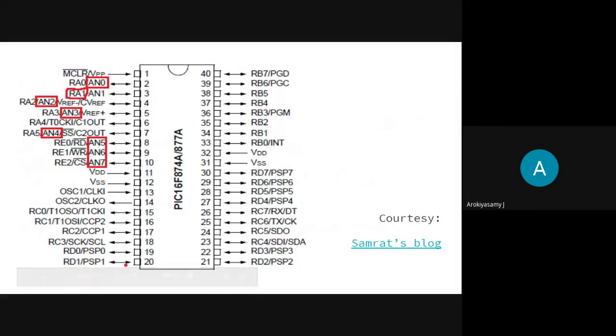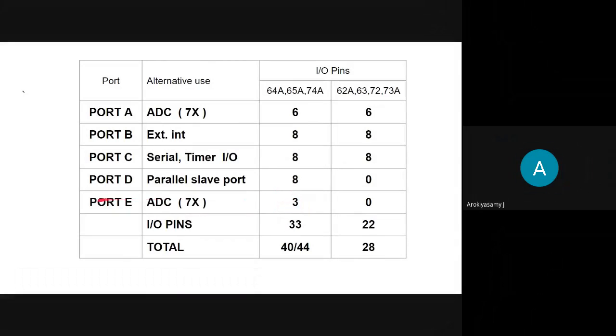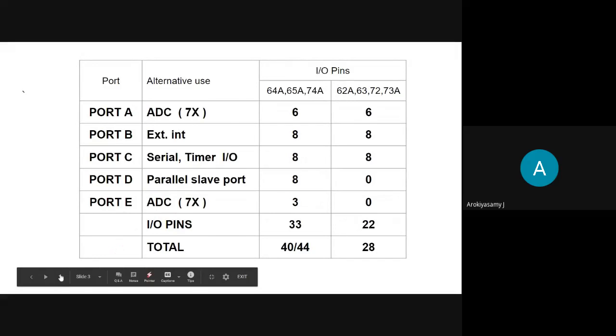Okay. Next, port E bits. How many bits are in port E? Only 3. There will be 3 lines for port E, multiplexed with ADC in the 7X series. Now we will see the pinout diagram.